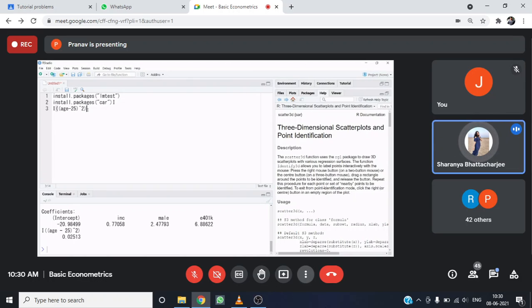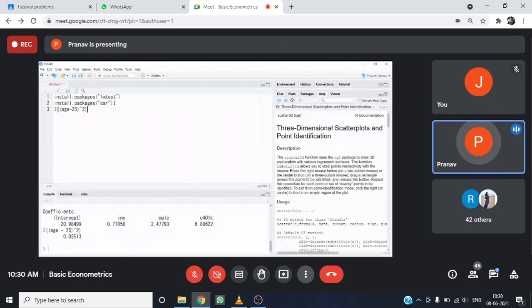But why are we taking age minus 25 as the variable? Why not simply age? This is the example from the textbook. Precisely because the minimum age is 25, and what has been generally observed in the data set is that income tends to increase more positively when the person is above the age 25. So instead of having the ages in greater numbers, they've transformed all the ages relative to 25.